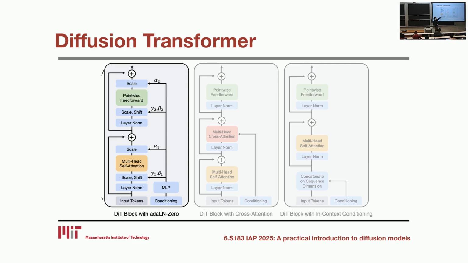So if the output of layer norm is called Z, gamma is a function of conditioning, beta is a function of conditioning. Then what we end up with here is gamma times Z plus beta, where gamma and beta are functions of conditioning. That's how conditioning is applied in this architecture.